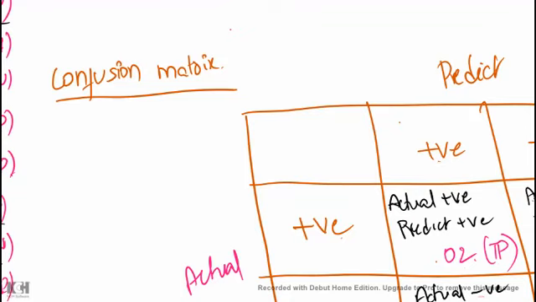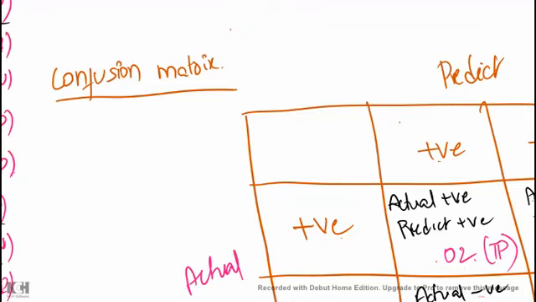Your interest amount and the principal amount also will be lost, and that is a loss for the company. So in that case, FP plays an important role in the banking sector. It completely depends on the business problem which is more important and which is less important.